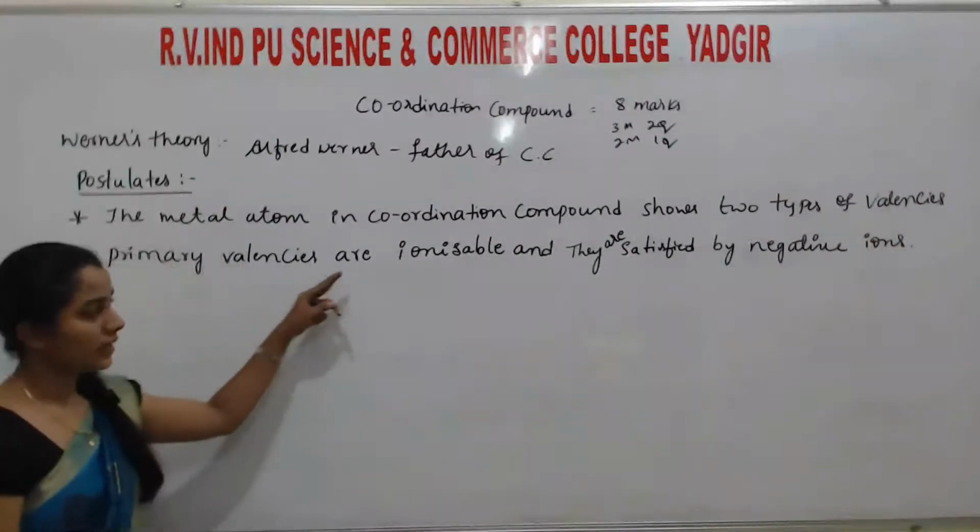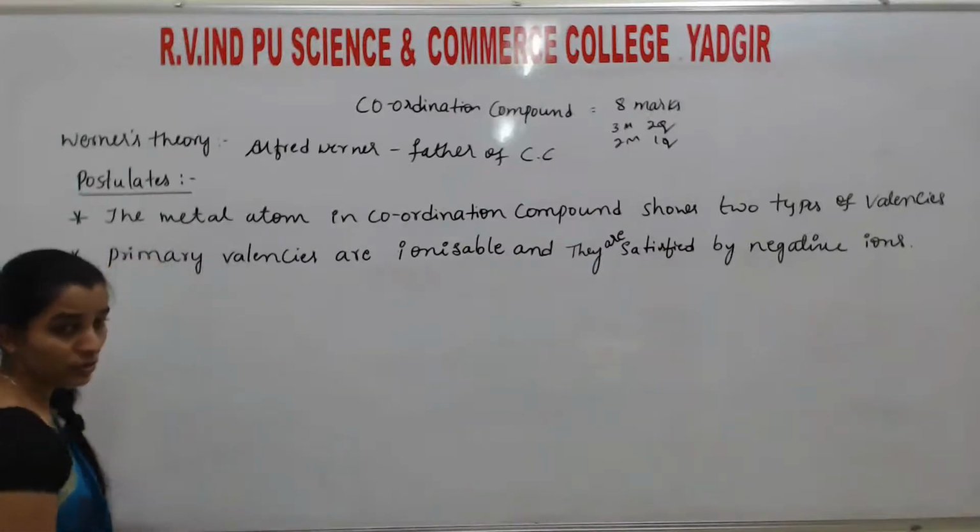Okay, primary valencies are ionizable and they are satisfied by negative ions.